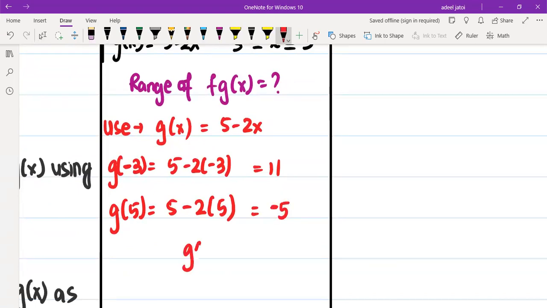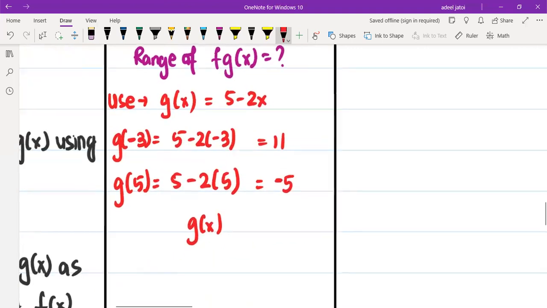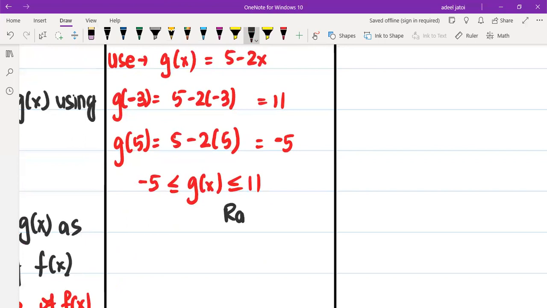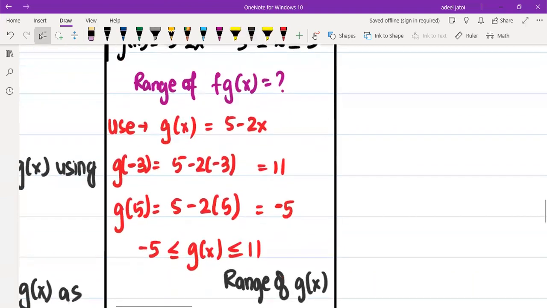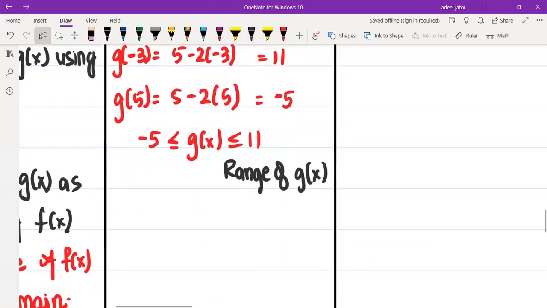So g(x) is greater than or equal to minus 5 and less than or equal to 11. So this becomes the range of g(x). This was your domain. Now this becomes the range of g(x).